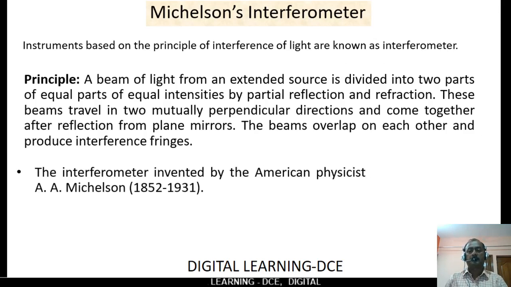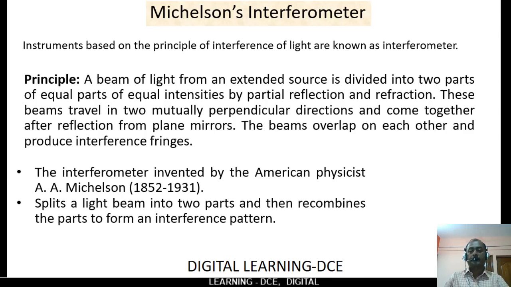The interferometer was invented by the American physicist Michelson, who lived between 1852 and 1931.